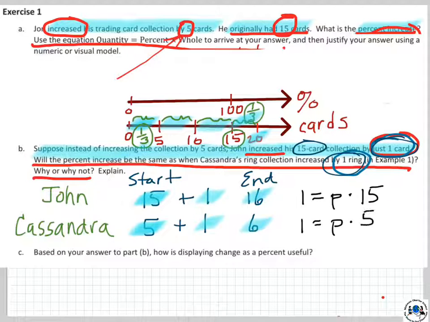With Cassandra, it's 1 equals p times 5, and we can see right away we don't have to do any other work to answer this question, yes or no, because the answer is very obviously no. 1 equals p times 15 cannot be equivalent to 1 equals p times 5. Those are different equations entirely.